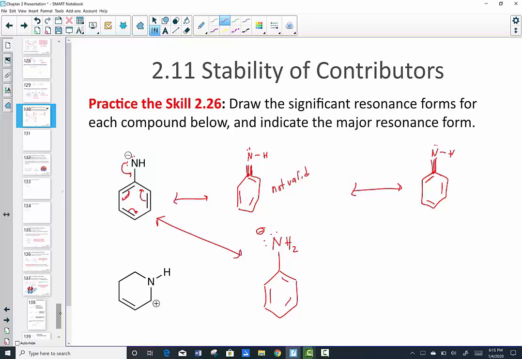How about the next example here? 1, 2, 3, 4, 5, 6. Double bond. Here's an N to an H. All right, so I have 1, 2, 3. I know that there's a lone pair on the nitrogen. Here's a positive sign here.